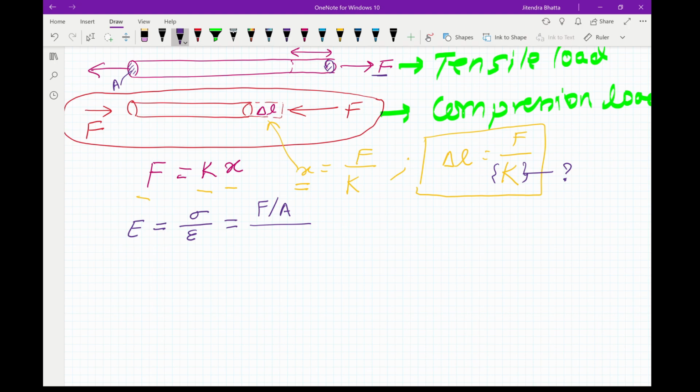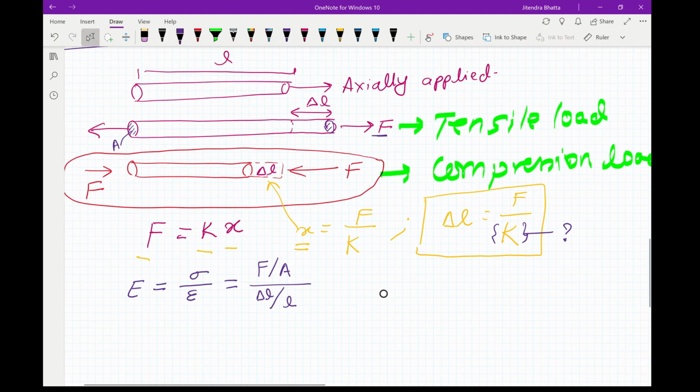According to the definition of strain, your strain will be the increase in length divided by the original length, where L is the original length.